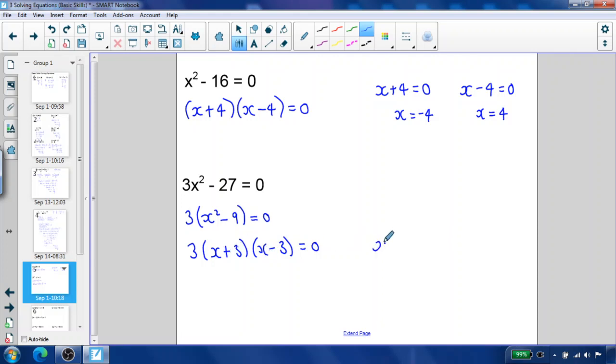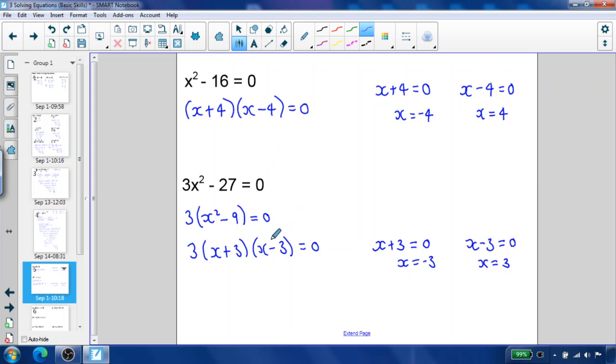So x plus 3 is equal to 0, and x minus 3 is equal to 0. So if I move the 3 over and minus 3 from both sides, x is equal to minus 3. And over here, if I add 3 to both sides, x is going to be equal to 3. So again, I've got 2 solutions here, which you can check and substitute in and make sure it works.